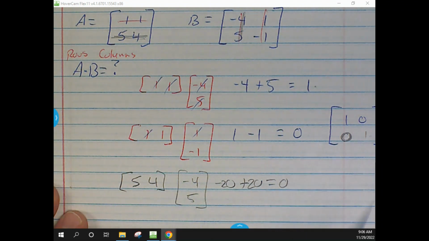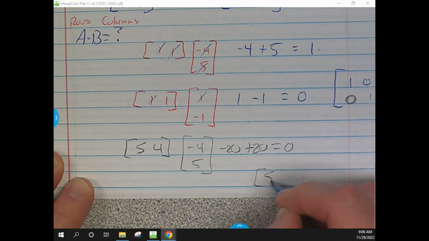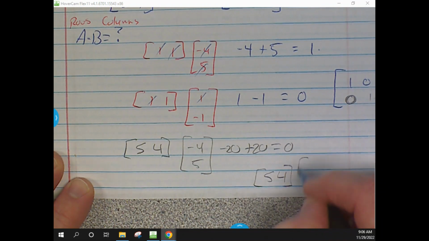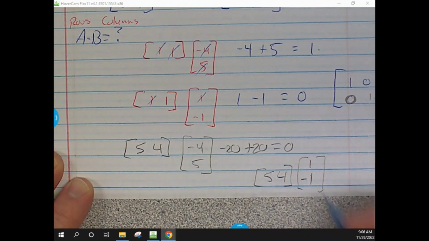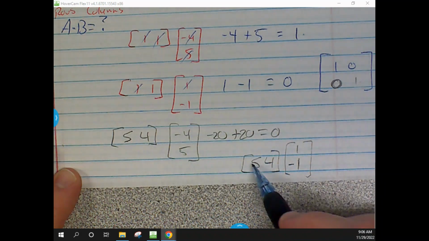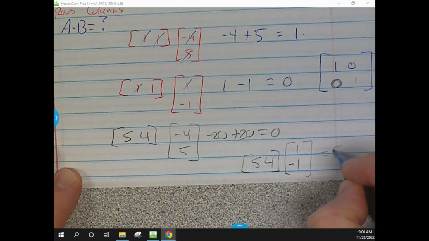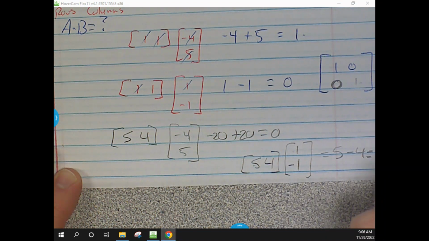This is right up against the bottom, so I'm going to put it over here. We're going to do [5, 4] times [1, -1]. 5 times 1 is 5, 4 times -1 is -4, and 5 minus 4 is 1.